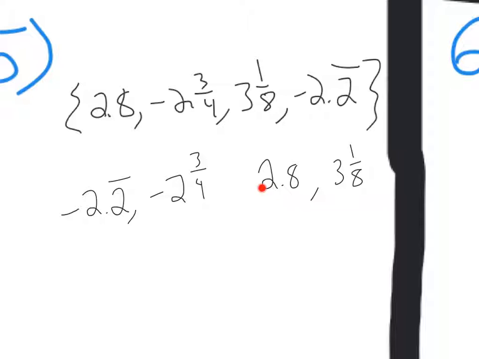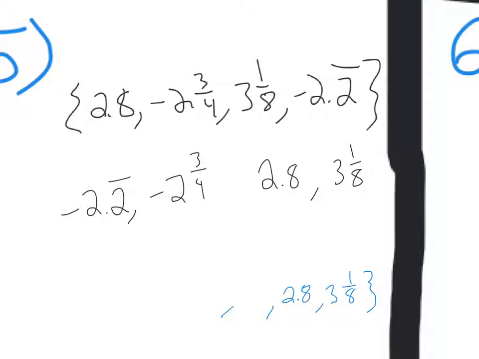First, let's compare this 2.8 and 3 1/8. Which is the biggest number out of these two? And of course, the whole number here, 3, is bigger than the whole number here, 2. So in your final answer, 3 1/8 is going to be after 2.8 if we're going from smallest to biggest.